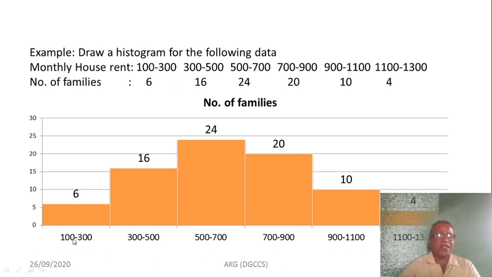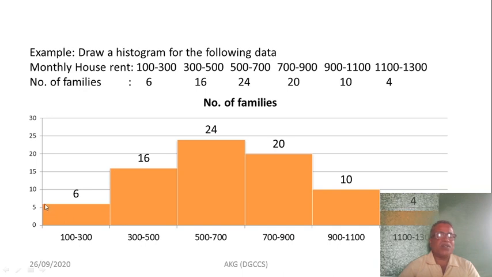Don't write it like this one, because I pasted this graph here using MS Excel. But if you construct the graph manually, write the 100 value at the origin, then 300 by taking the proper scale, then 500 and so on. Construct the rectangle by taking the class width as the width of the rectangle and its height as the frequency, that is 6.